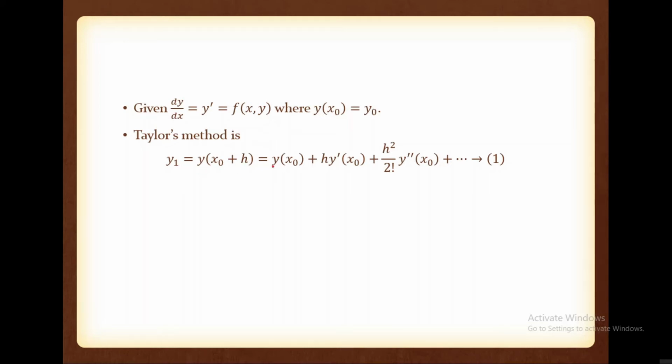So that is equal to y of x0 plus h into y dash of x0 plus h square divided by 2 factorial into y double dash of x0 plus etc. So this is Taylor's method. Now consider Taylor's method up to the first order term, that is up to h term.